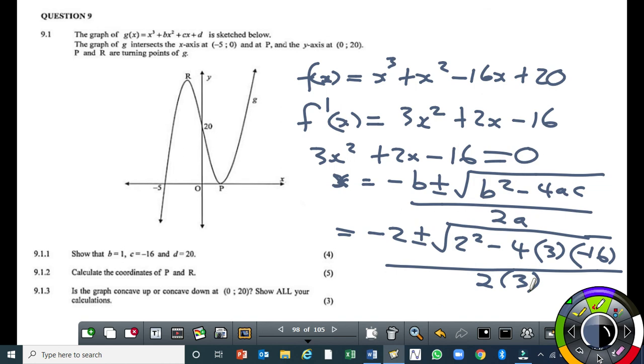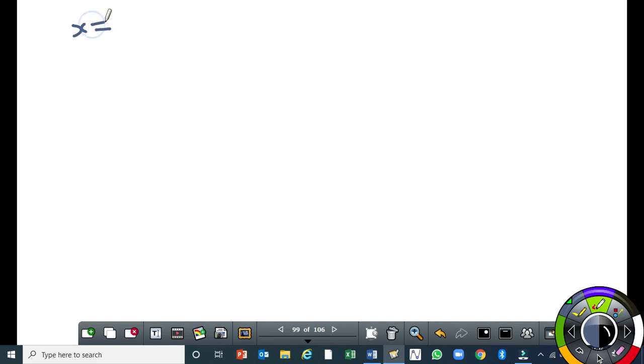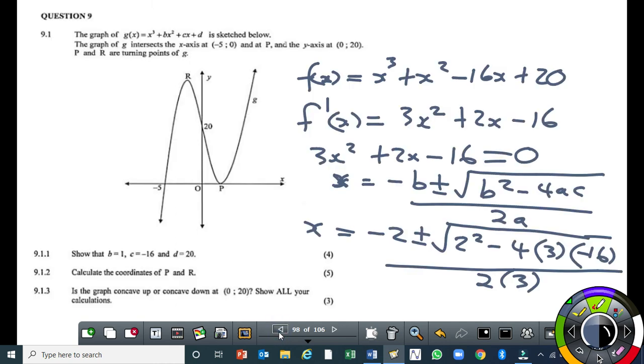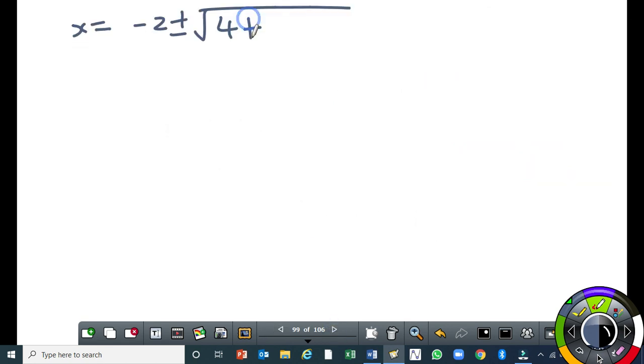All right? Now, let's move on to the next page. To the next page now, we simplify this. So it's going to become x equal to minus 2 plus or minus the square root of 4 minus, okay, that is minus 16, so I'll get 64 times 3, that will give me 192. So that will be a plus. So eventually I'll get 192 here, all over 6.